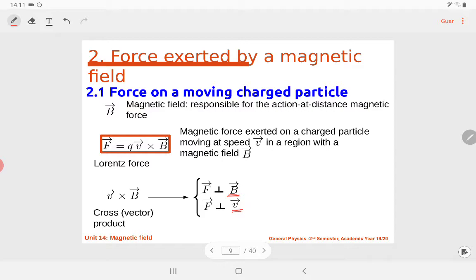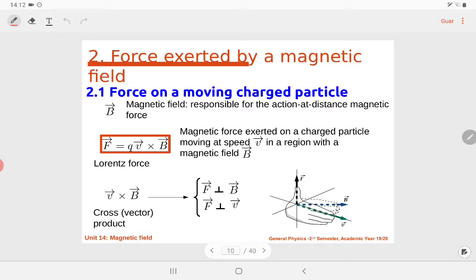In many instances, we can use the right-hand rule. I don't know if you've worked with this, but there are at least two ways to introduce this rule. The first one I'm trying to show here with this slide is, if you want to know what the cross product between vector v of the velocity and vector B of the magnetic field is, then you have to take your right hand and put your fingers pointing to the first one, which is v, and move your hand towards the second vector inside this cross product.